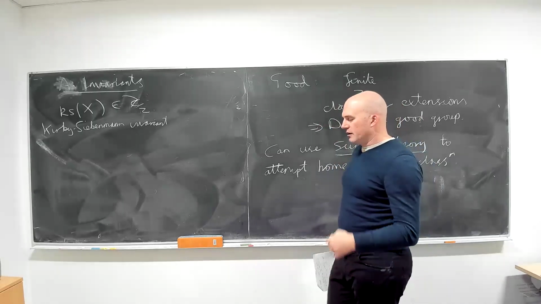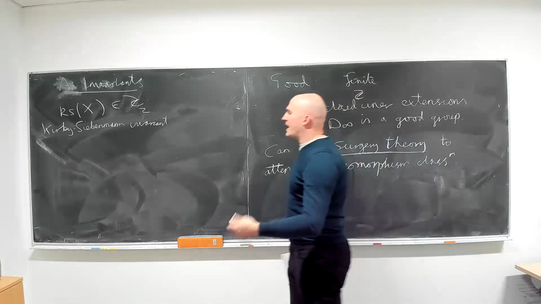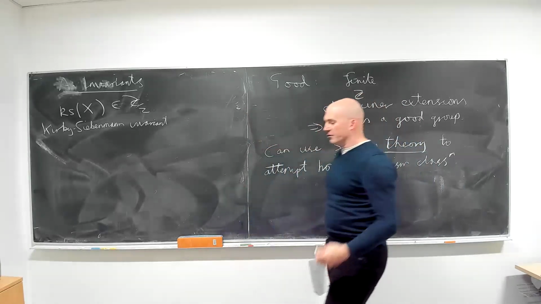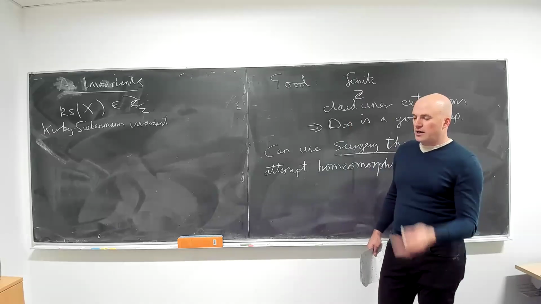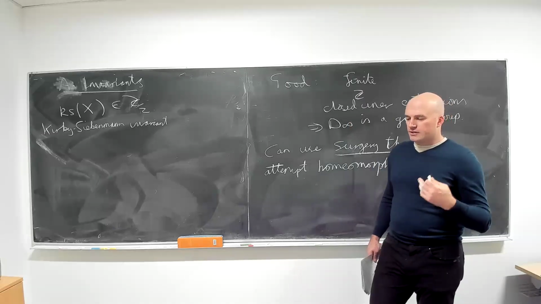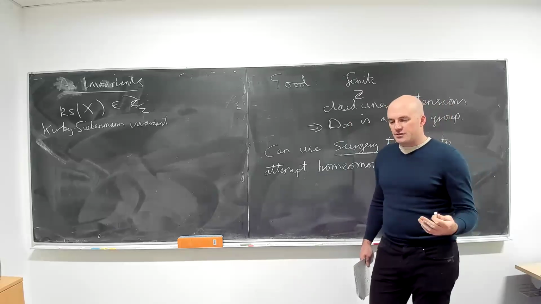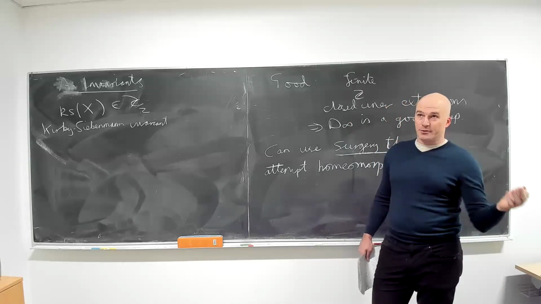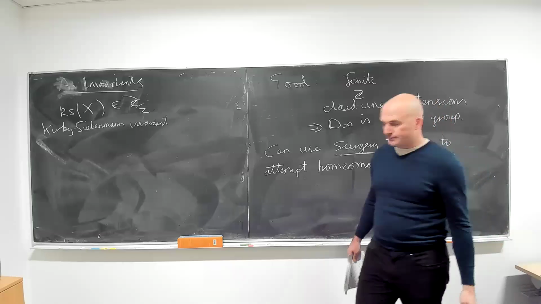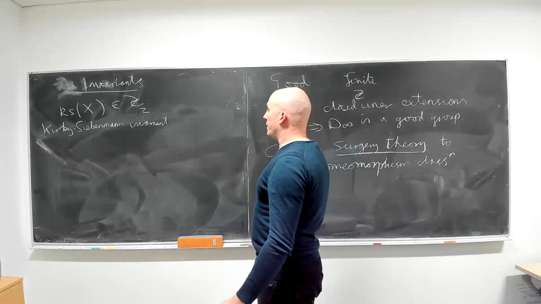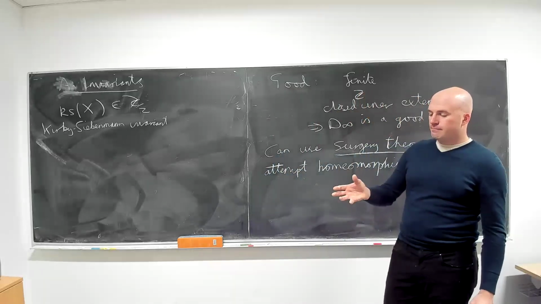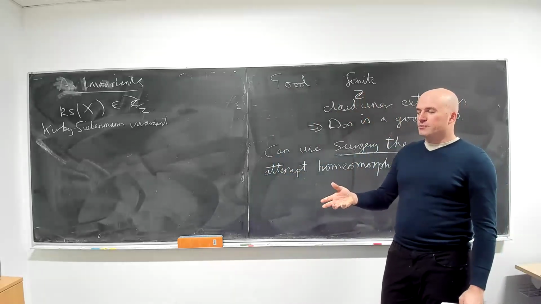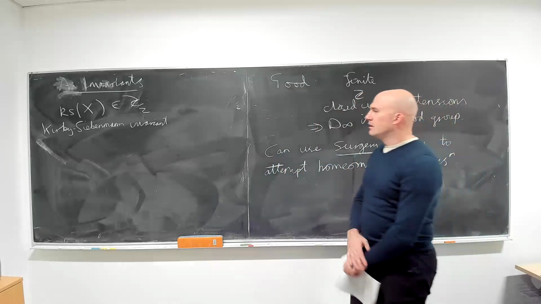In fact, there's a stable version of the bundle, and we want to know whether the stable version can be improved to one with linear transition functions, which in the end would mean living in the orthogonal group, as opposed to just transition functions given by homeomorphisms of Rn that fix the origin.